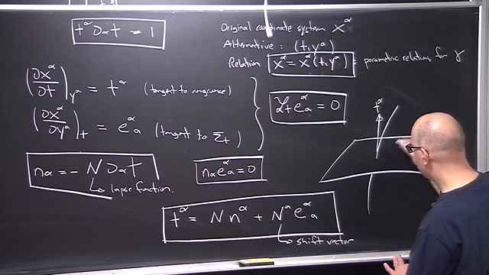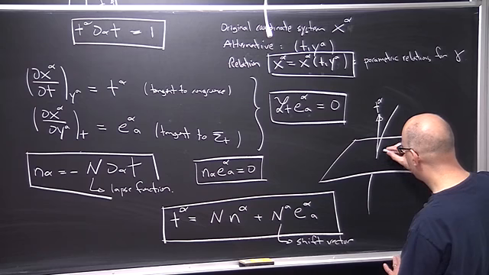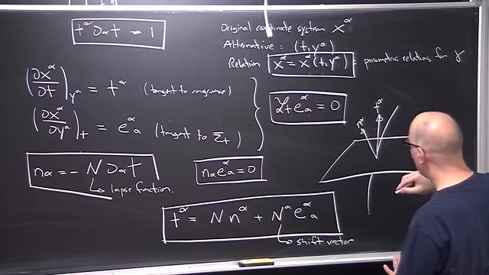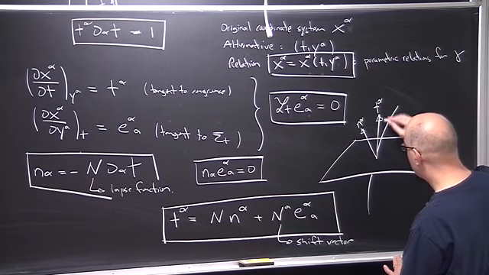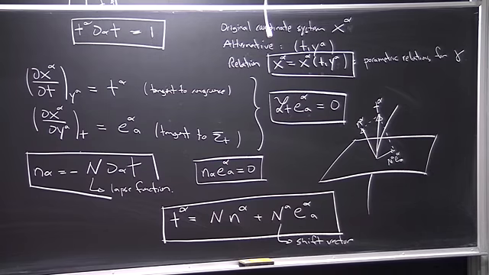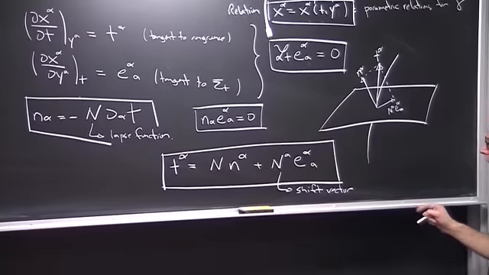The normal vector is going to go like this. And so t will have a component along n, and t will have a component tangentially to the hypersurface like that. So it's really a breakdown of t into the fundamental directions that are given by n and the tangent vectors.